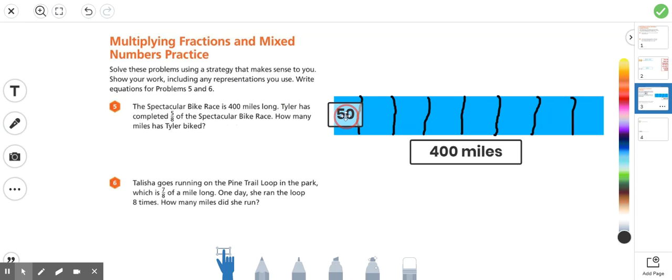And I can double check that if I want. 50, 100, 150, 200, 250, 300, 350, 400. And this is saying that he completed 5/8 of it. So we're going to have 50, 5 times.